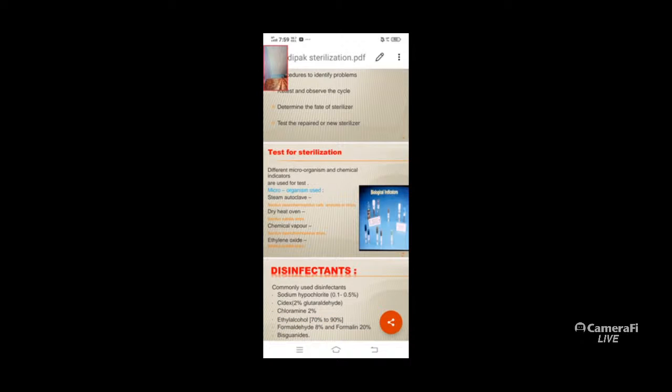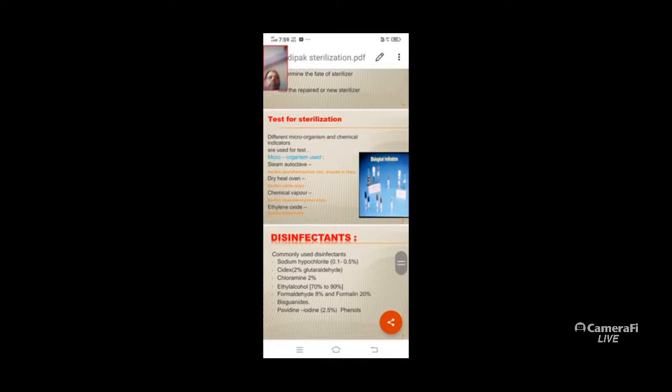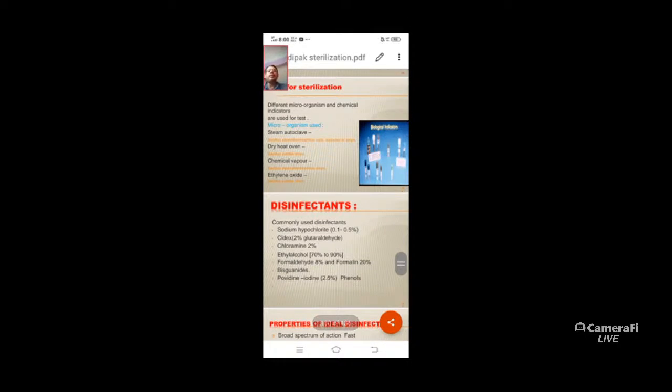Different microorganisms and chemical indicators are used for sterilization. After sterilization, whether it is complete or not is confirmed by these indicators. In the case of a chemical indicator, when the indicator changes color, you can confirm the sterilization is complete. These are the indicators used for the sterility test.